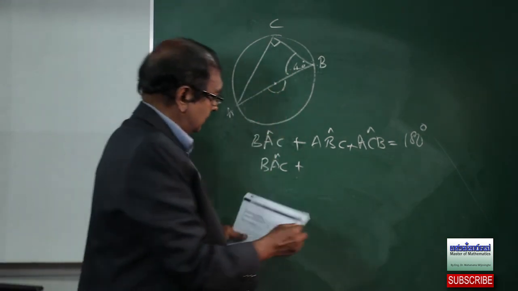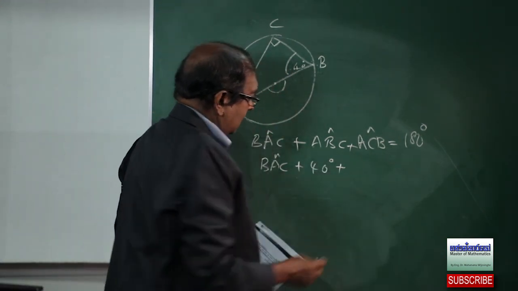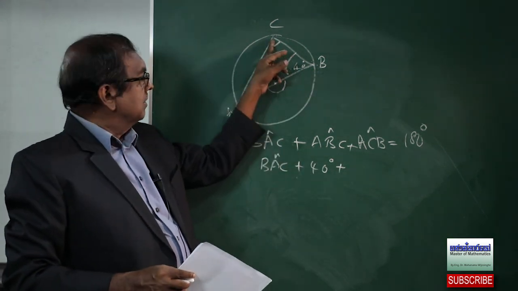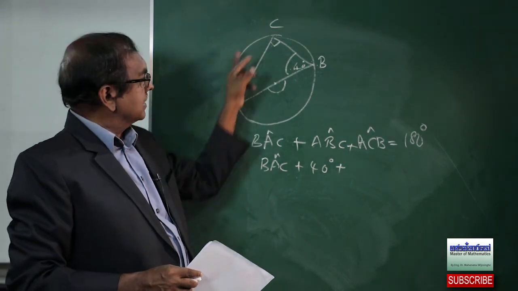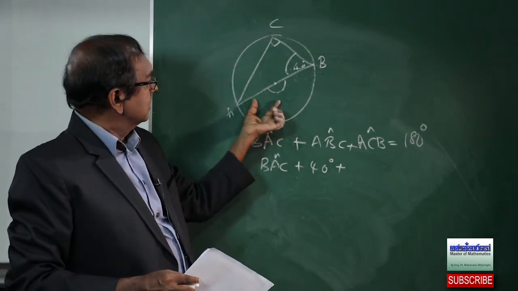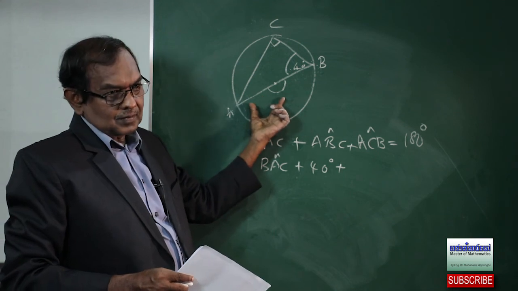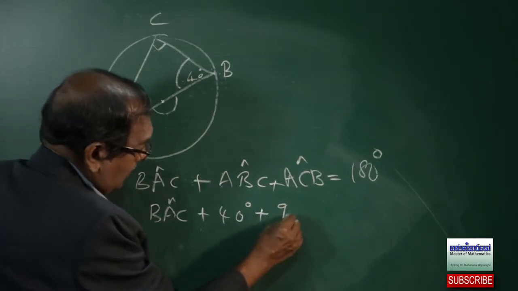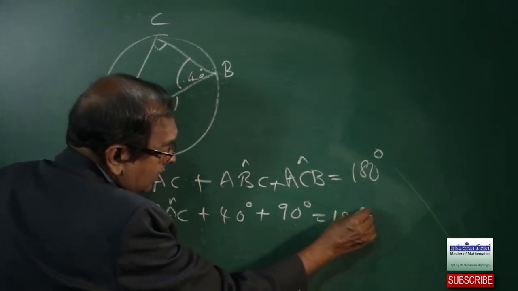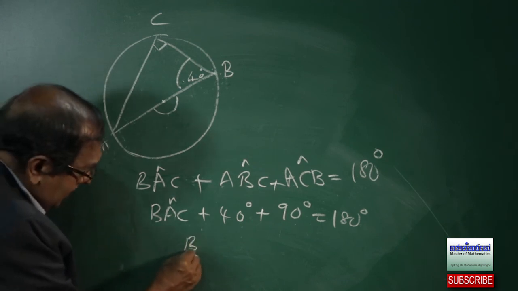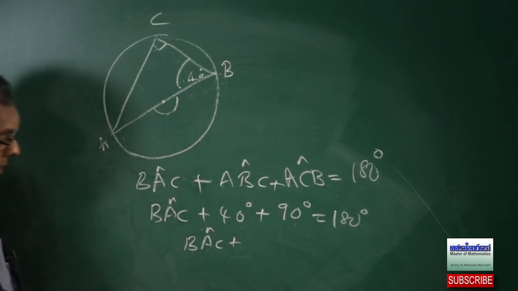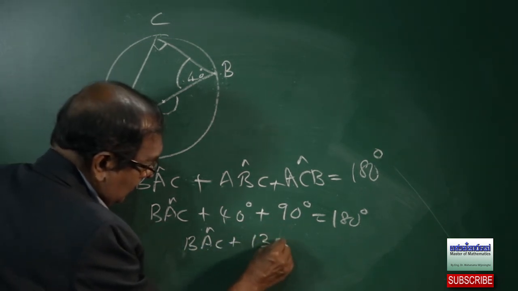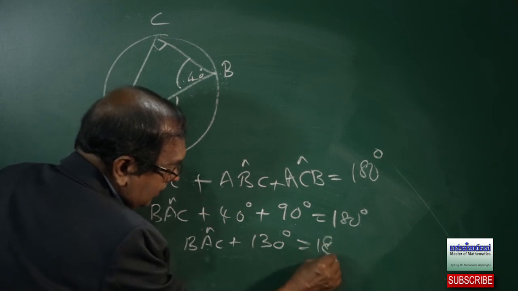It is given. What is the value of ACB? ACB is 90. This angle is 90 since this is the angle of a semicircle. It is formed with the diameter. Therefore, this is 90 degrees. Then BAC angle plus 40 plus 90, 130 degrees, equals 180.